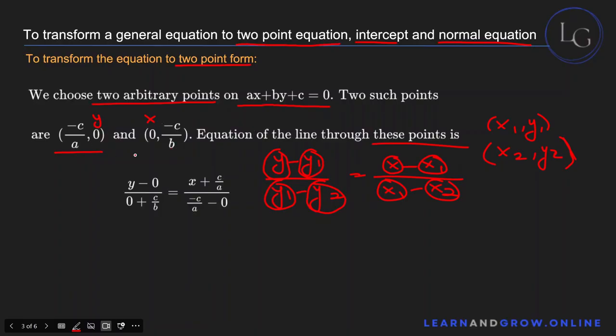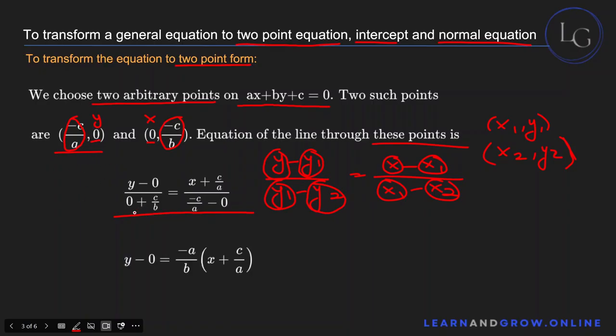And we already know those two points. x1 is minus c over a, and y1 is 0. Similarly, x2 is 0, and y2 is minus c over b. So just replace them in the equation, and you get this. And this is the first step in the two-point form.